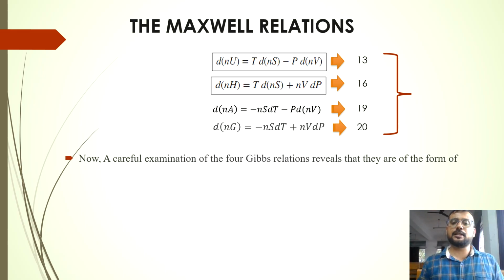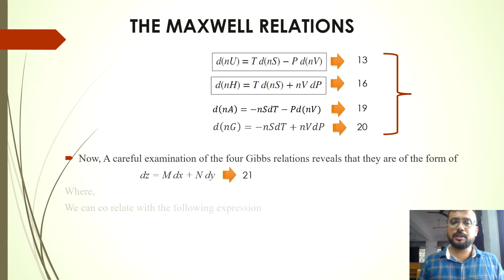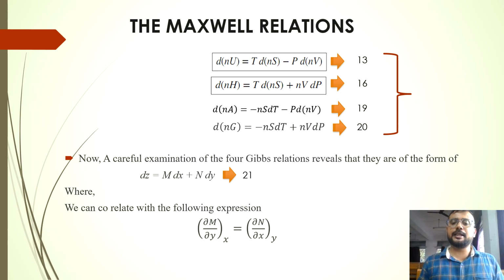Now, a careful examination of these four Gibbs relations reveals that they are of the form dz equals M dx plus N dy, where we can correlate with the following expression: del M by del y at constant x is equal to del N by del x at constant y.